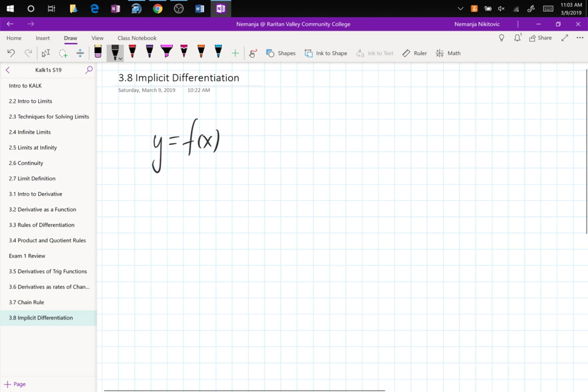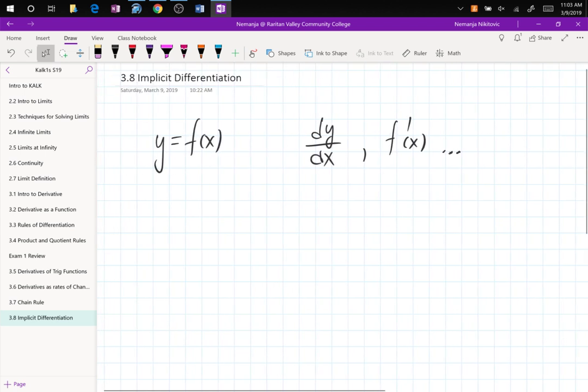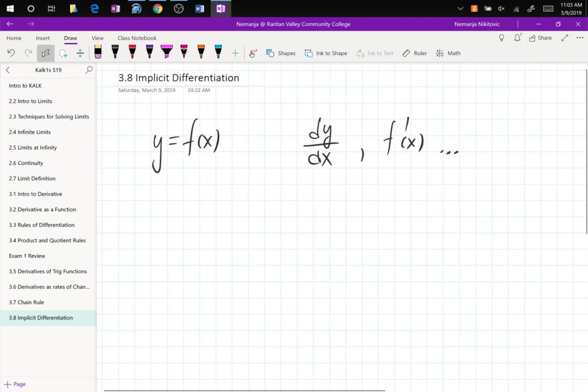We also know that we can denote the derivative by dy dx. We can also denote the derivative as f prime of x, and so on. We know that we can take second derivative, third derivative, fourth derivative, go as far and as high as we want or need for the application.